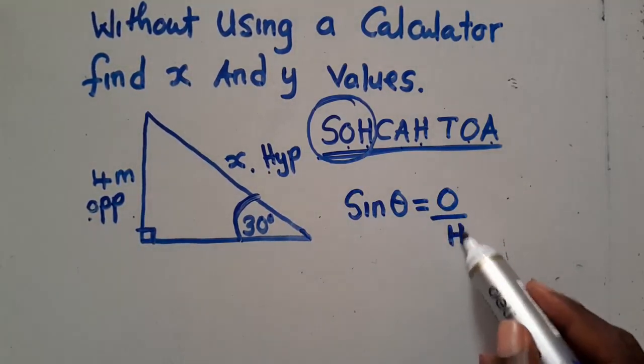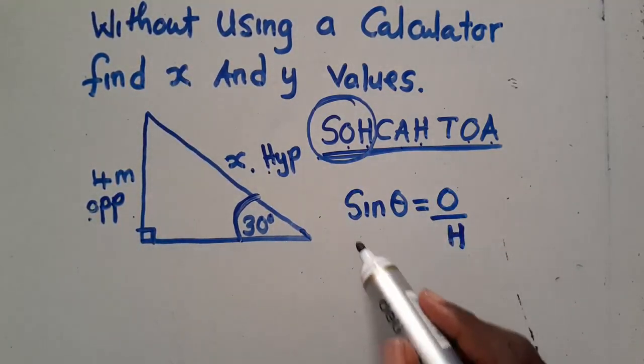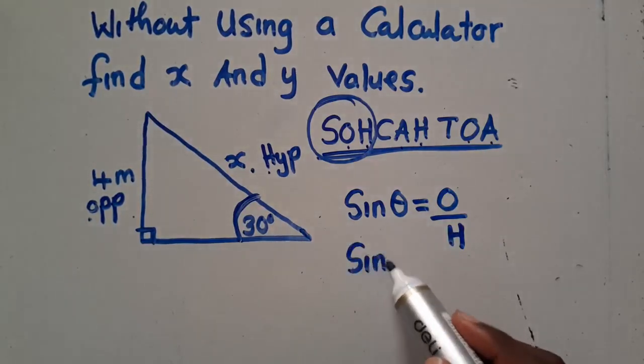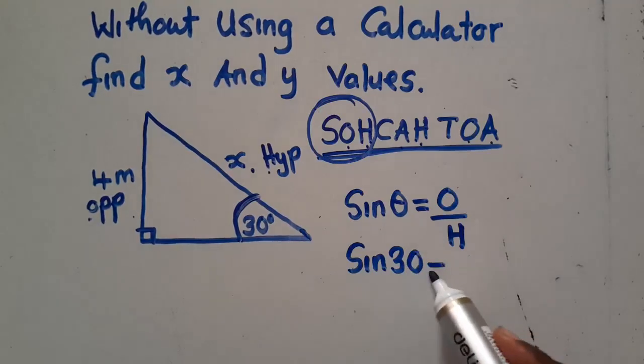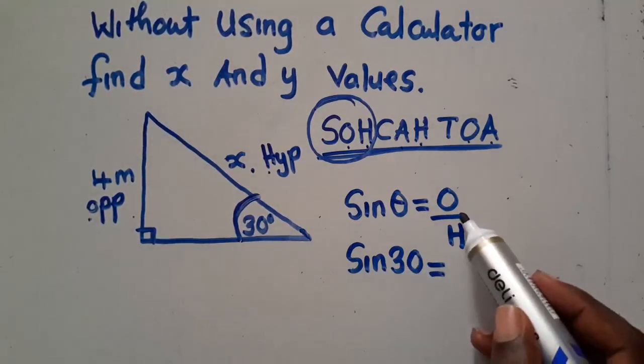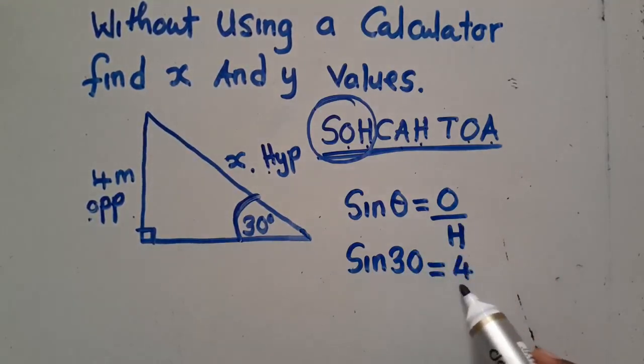So I say sine 30 is equal to, what is the opposite? Opposite is 4, over the hypotenuse, which is x.